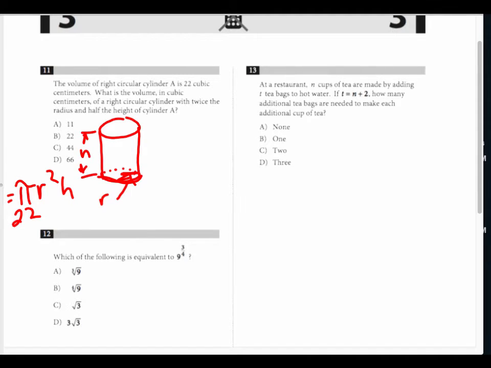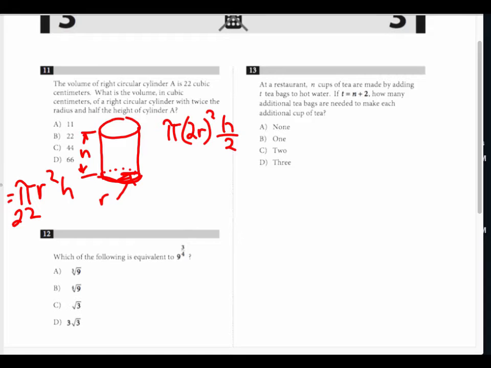Okay? But what they're telling us is, what is the volume of this if I double the radius and halve its height? So in other words, if I say pi times the radius doubled, so I'd say 2r squared, and then times h, 1/2.